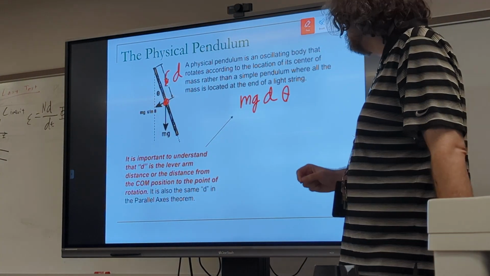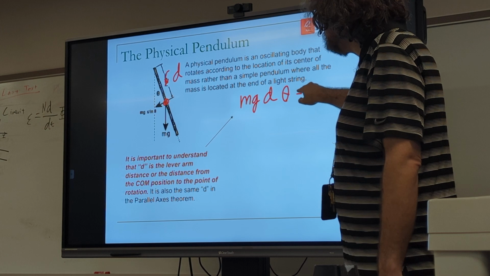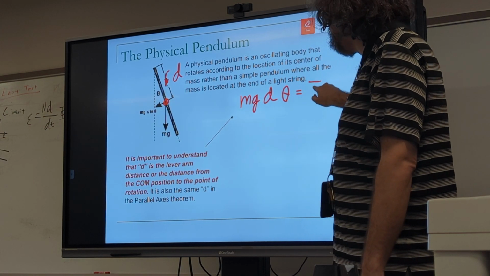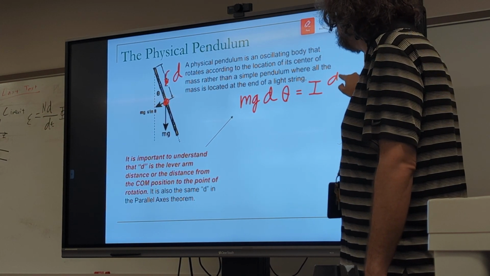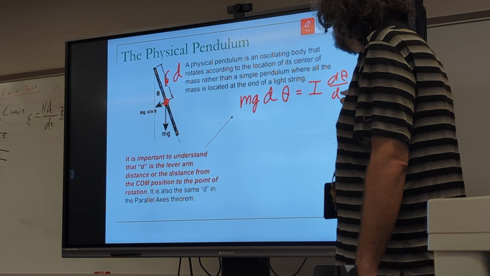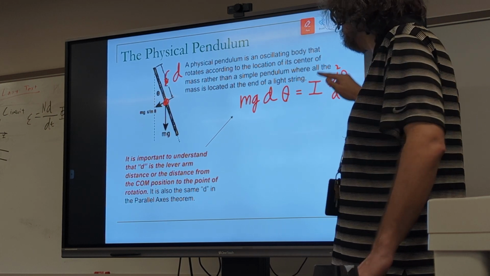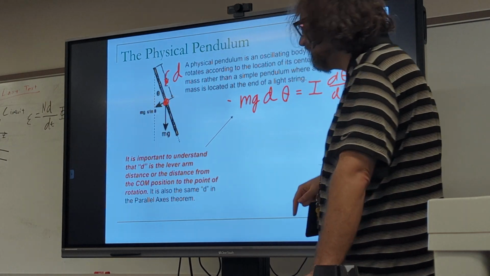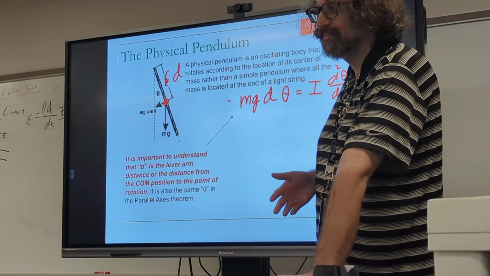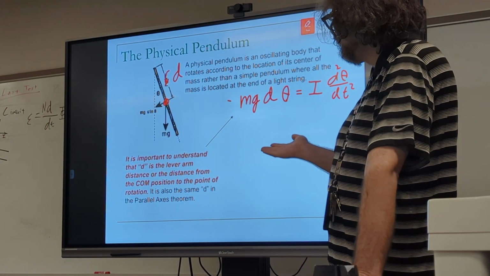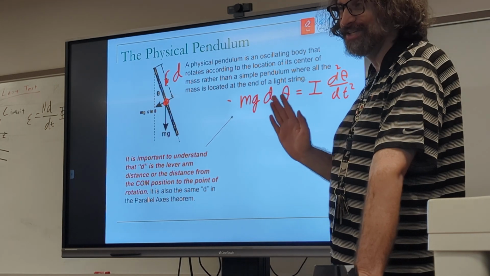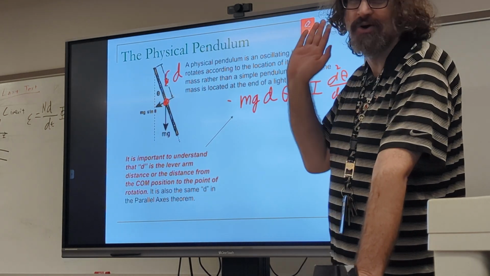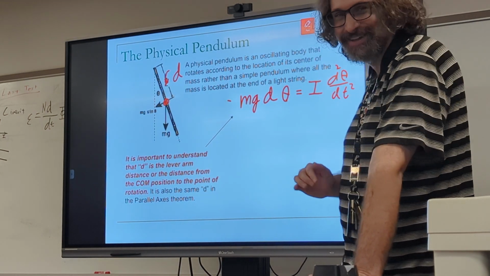And this will equal the I times d squared theta over dt squared, right? And I always forget the negative. There's a negative because it's a restoring force. I always forget that. You guys are going to see on the LC circuit, I'm going to forget the negative.